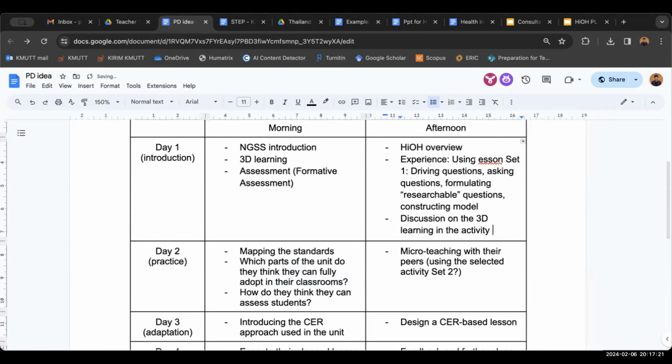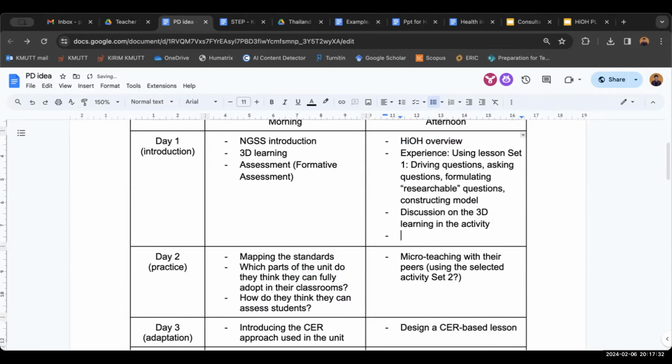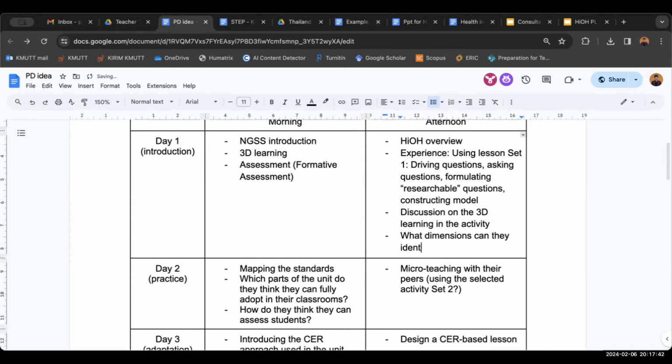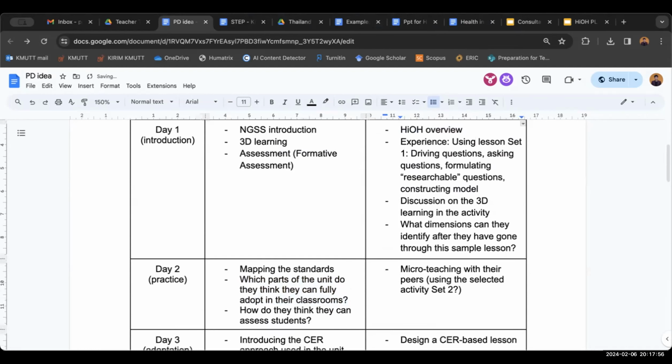So it might be interesting to ask the teachers, what dimensions can they identify after having gone through maybe this sample teach? Are they able to identify the practice of asking questions? Are they able to identify the cross-cutting concept of patterns?